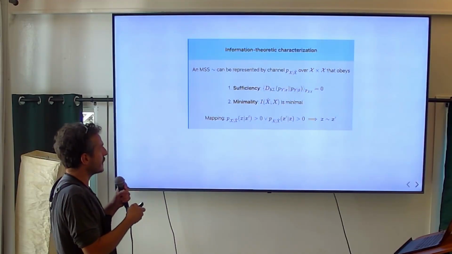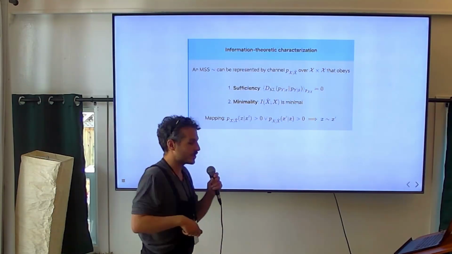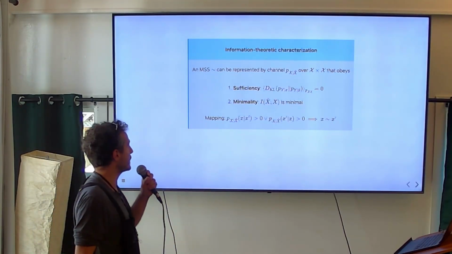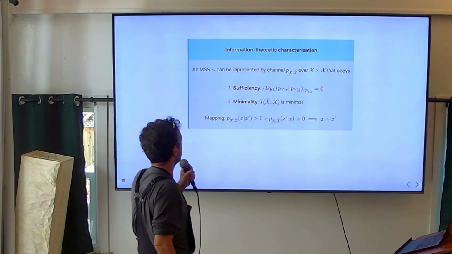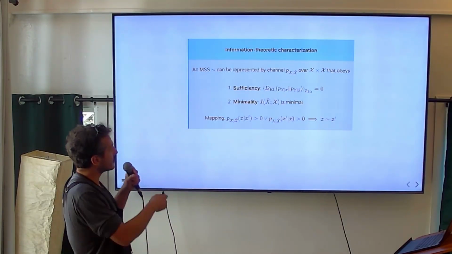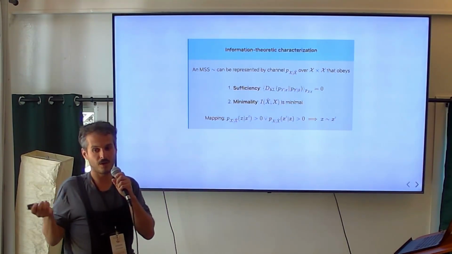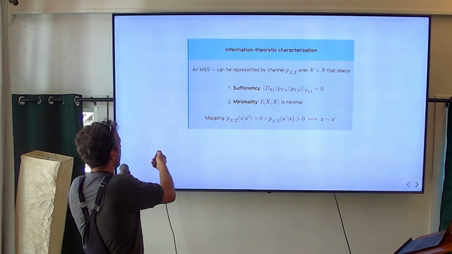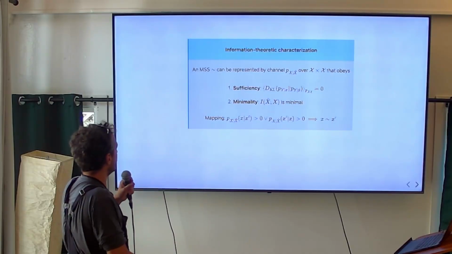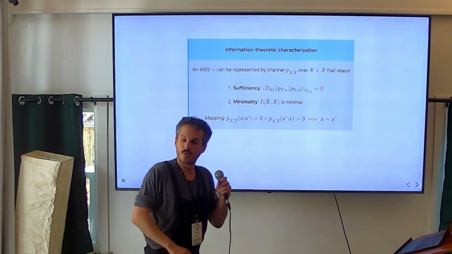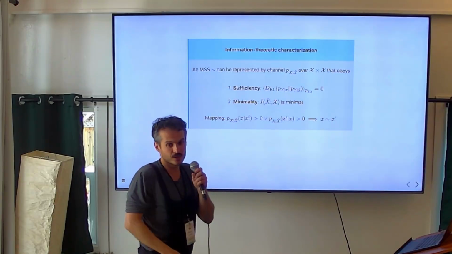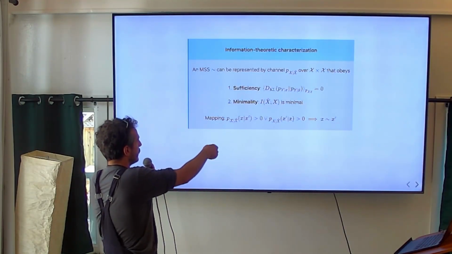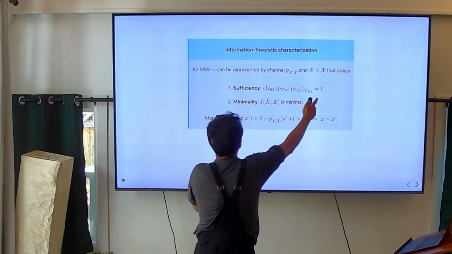What that means also suggests a different generalization, or softening, of the concept of minimal sufficient statistic to define an approximate minimal sufficient statistic. This is the one I'm going to use. We could think about it in terms of joint distributions or in terms of channels; there's not a big difference. We can say that a minimal sufficient statistic can be represented by a channel or joint distribution from X to X, so in the same space, where the expectation of the Kullback-Leibler divergence under the resulting joint distribution is 0.